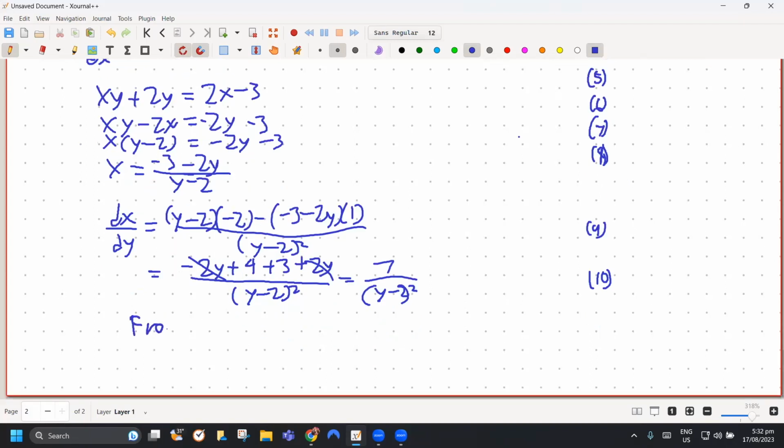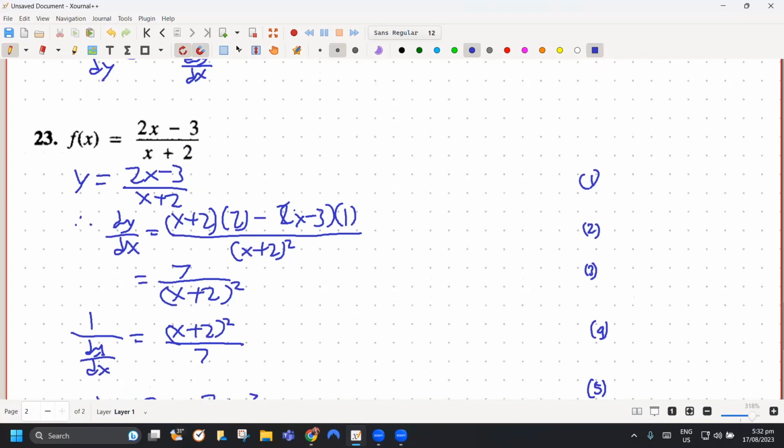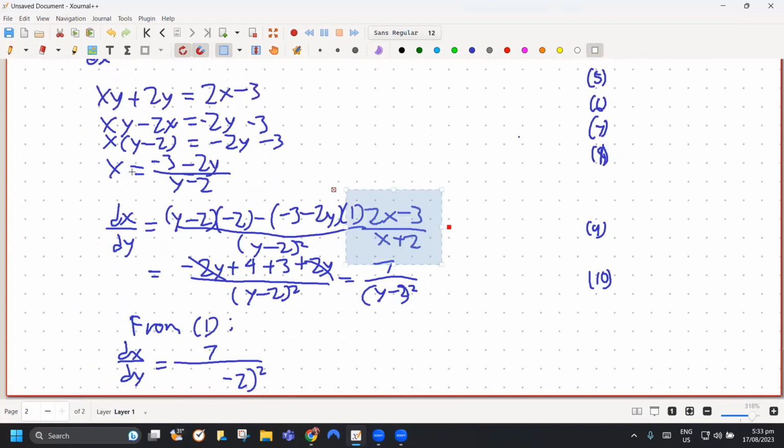Para hindi nakakalito, kopyahin mo yung equation na yun. Okay na bro. Equation. 2x minus 3 over x plus 2. Itabi mo siya. Like, y equals that.